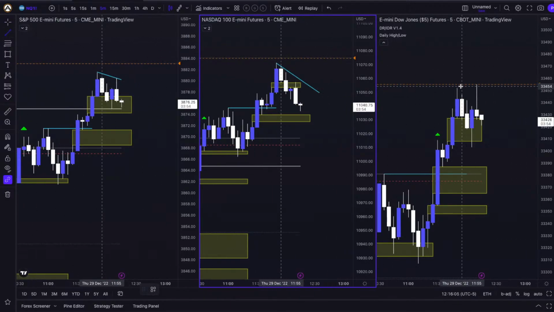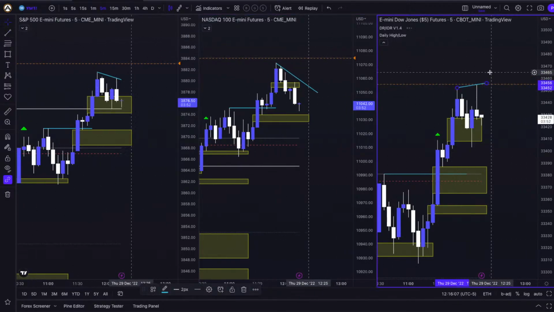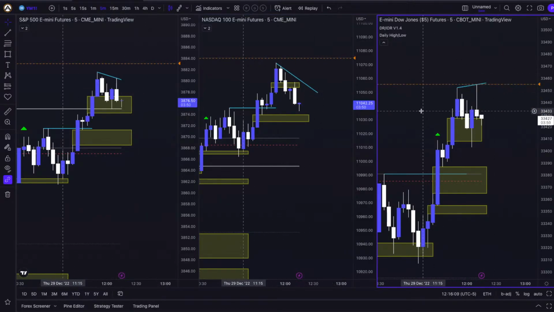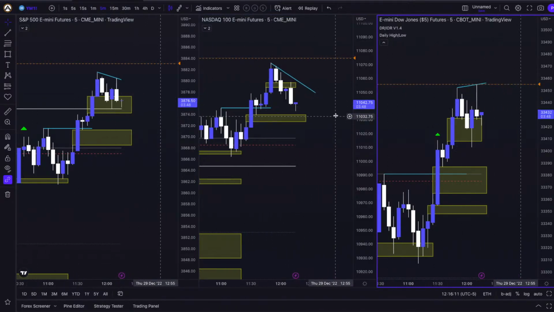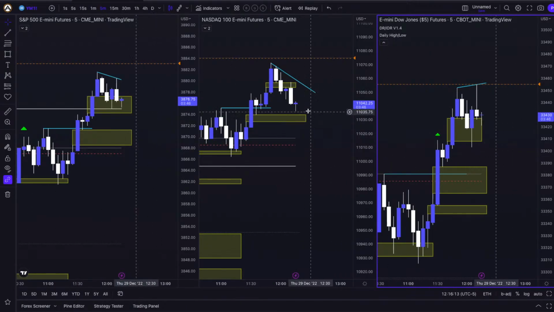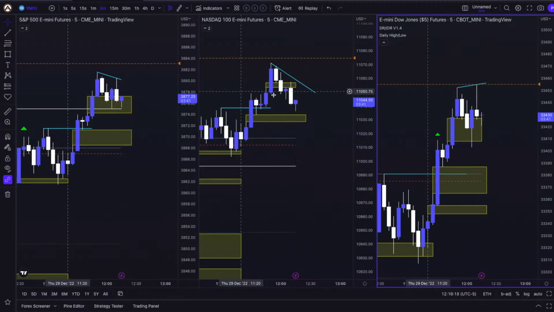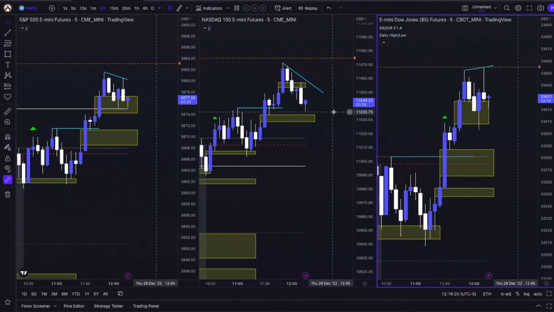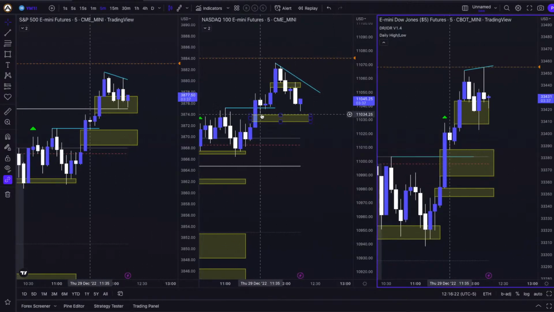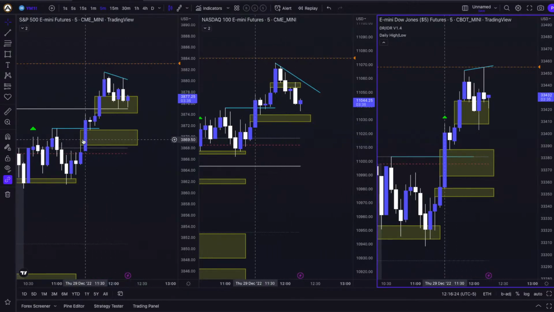Boom, here we go. And here we formed higher highs, actually touching the 0.5 standard deviation target. NASDAQ is looking relatively weak compared to SP 500 and the Dow Jones. Almost about to wick into this lower fair value gap that has been created from the 11:30 a.m. candle, New York local time.